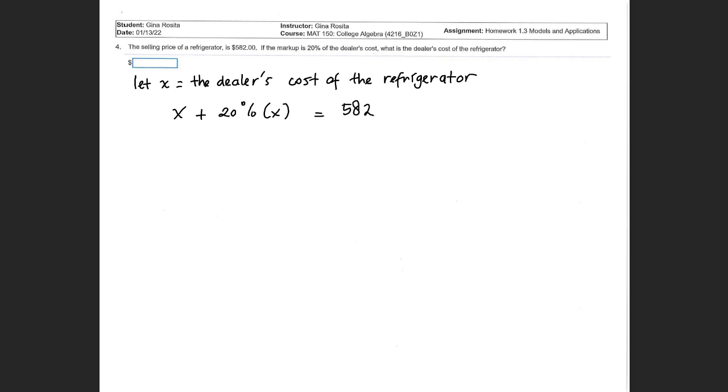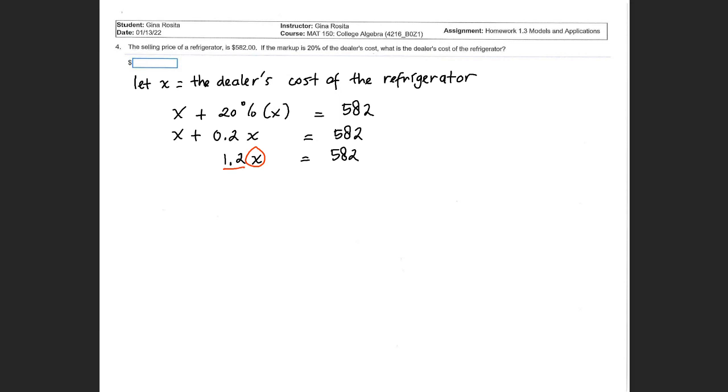Change the percent to a decimal: x plus 0.2x equal 582. So now we solve. 1x plus 0.2x, the answer becomes 1.2x equal 582. Our goal is to find x.